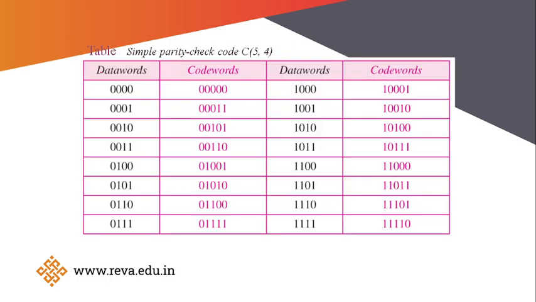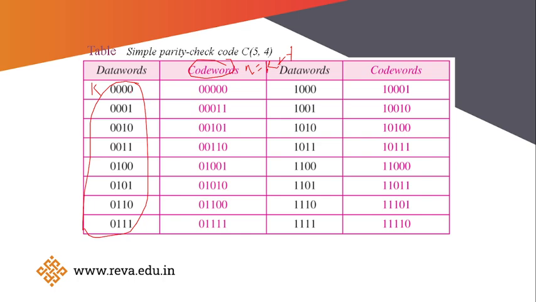Now let us see that. These are the data words. This is the simple parity check code for finding errors, or error detection. This is the data word 0000, which is nothing but k, and this is the code word that we have generated, which is n, where n is equal to k plus r.